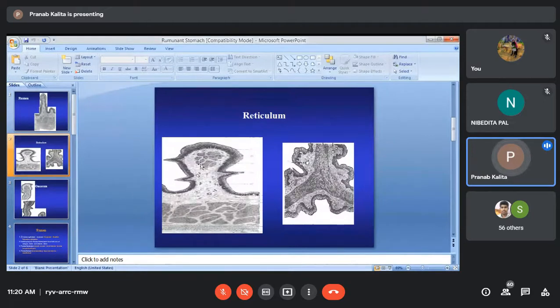Only in the reticulum will you find, in the upper part of the longer folds, a lamina muscularis mucosae. In the entire rumen you won't find it. Generally it is absent, but you will find it in the upper part of the longer folds. This is how you can identify the rumen and the reticulum histologically.